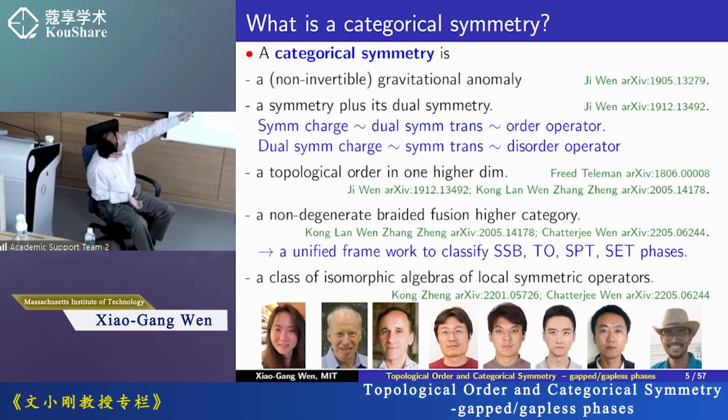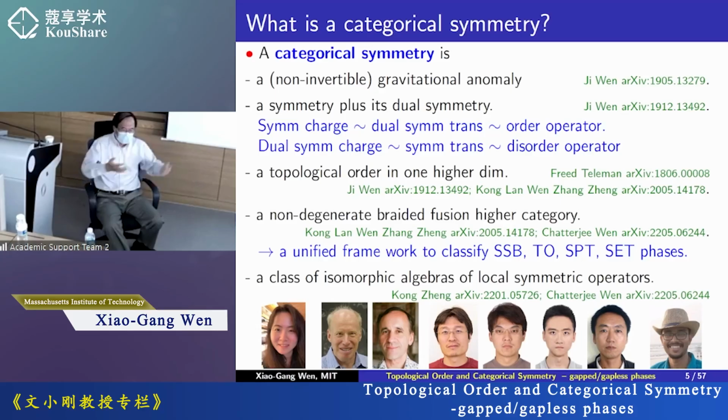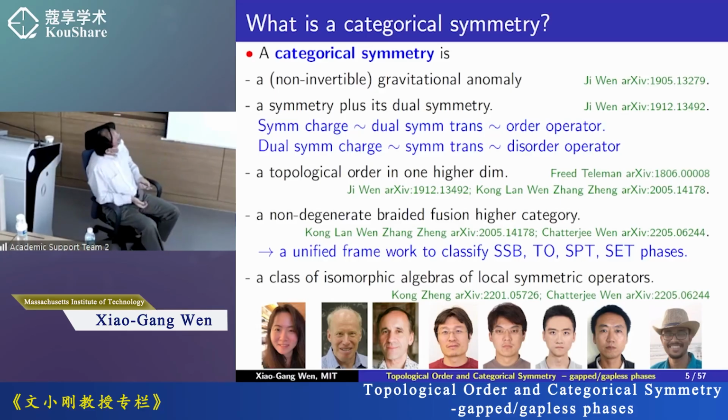Because a gravitational anomaly is a question of topological order in one higher dimension, categorical symmetry actually is topological order in one higher dimension. And I'm going to use this mostly. And topological order in one higher dimension is a non-degenerate braided fusion category, or MTC. So this is also the same thing.